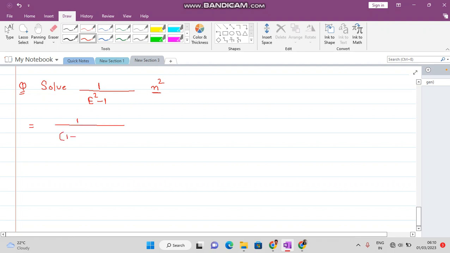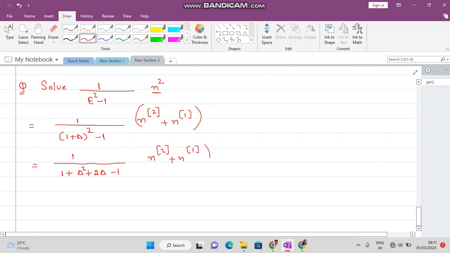So it is 1 by (1 plus delta) whole raised to the power 2 minus 1. And in factorial polynomial, n square can be written as n raised to the power 2 factorial plus n raised to the power 1 factorial.